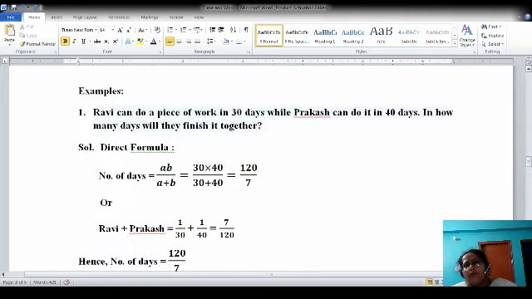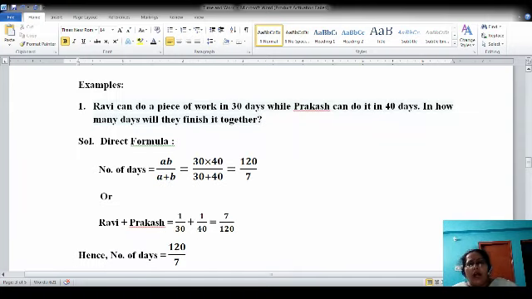So the number of days is again the reciprocal, 120 by 7. I should say in many cases, instead of using the direct formula, doing it like this might be convenient for you, particularly if you have 3 variables. I hope it's clear.